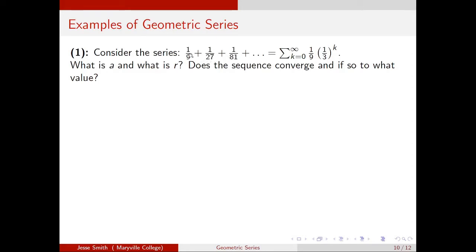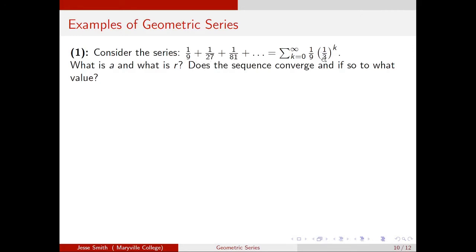Another way of figuring out what I'm multiplying by to get these numbers is to simply take this number and divide it by 1/9. I'll get 1/3 from my calculator. And if I check this number divided by this number, I'll also get 1/3. So I know that the multiplier at each step is the same to get the next term. So it's a geometric sequence with an r of 1/3.